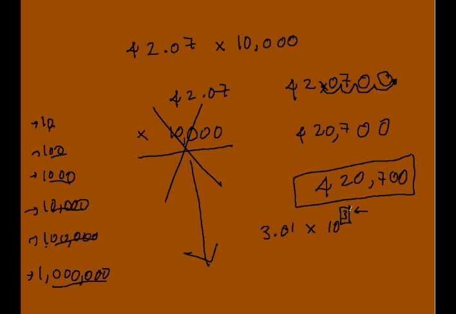So this is telling me to move the decimal 3 times. So all I have to do is write down 3.01 and move the decimal 3 times. 1, 2, 3. So the decimal is no longer here, now it's there. And any empty spot, you replace it with a 0. So your final answer is 3010. And don't forget to put your comma, 1, 2, 3, comma. And that's your final answer here.